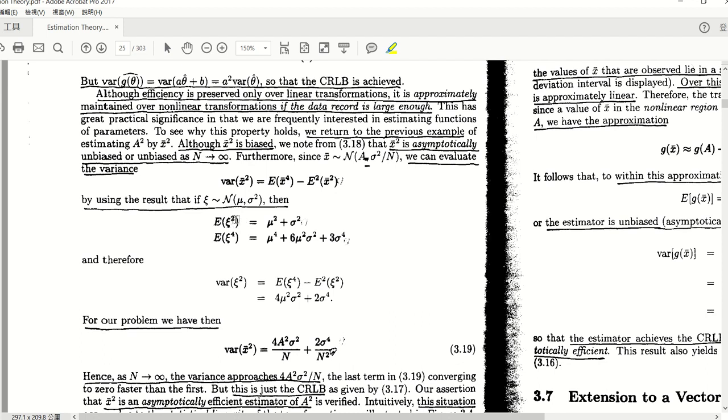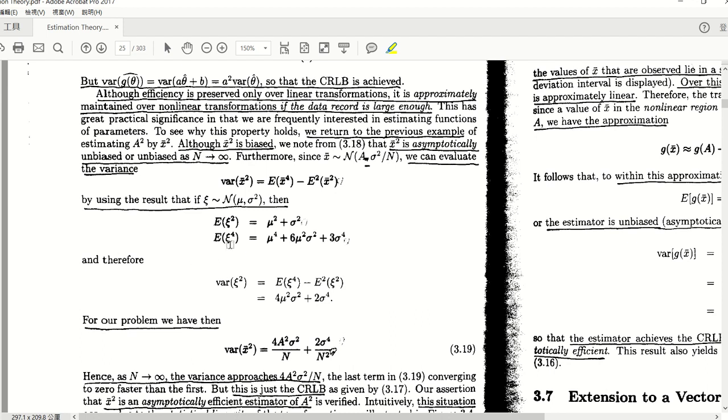But anyway, it's terminology, but it can be proven just using the basic properties from probability. So you take the expectation of c squared, which is equal to mu squared plus sigma squared. If you take it to the fourth, then that would be mu to the fourth plus 6 mu squared sigma squared plus 3 sigma to the 4.